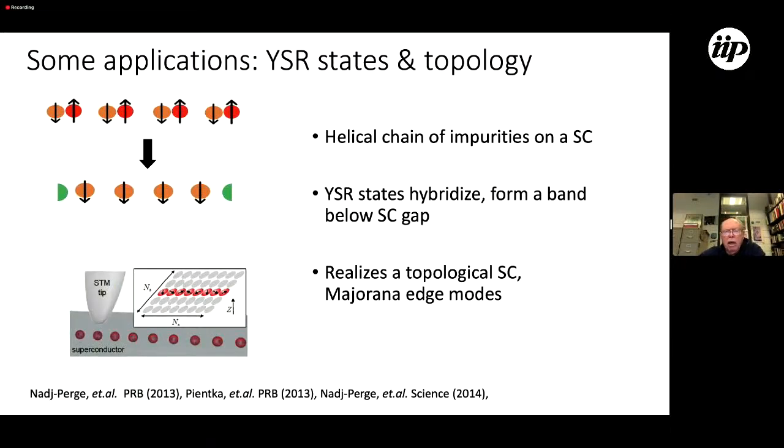And people are interested in this YSR state because they are trying to realize topological helical chains by arranging this type of impurities on superconductors and using them to realize topological Majorana edge modes.